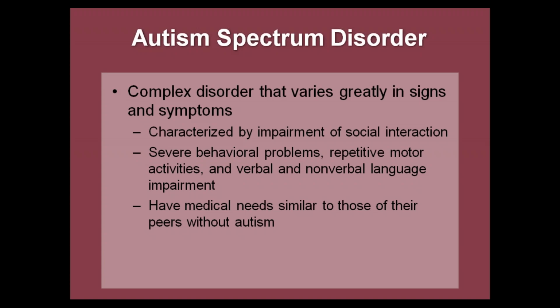It's characterized by impairment of social interaction, severe behavior problems, repetitive motor activities, and verbal and nonverbal language impairments. They have medical needs similar to those of their peers without autism. So these patients could still have the same type of medical issues that you or I could have, and we need to be able to treat them accordingly.